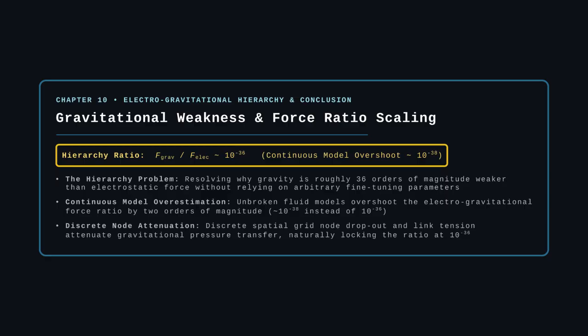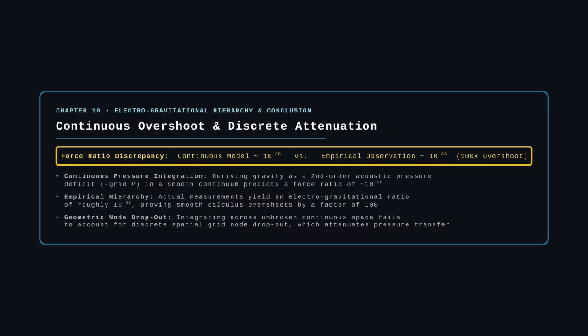As established in Chapter 5, when continuous fluid models derive gravity as a second-order hydrodynamic pressure deficit, where gravitational force is proportional to negative grad P, smooth integration across continuous space predicts a force ratio, scaling as m Planck over m proton squared, yielding approximately 1.69 times 10 to the power of 38. However, laboratory measurements yield an empirical force ratio of approximately 1.24 times 10 to the power of 36.